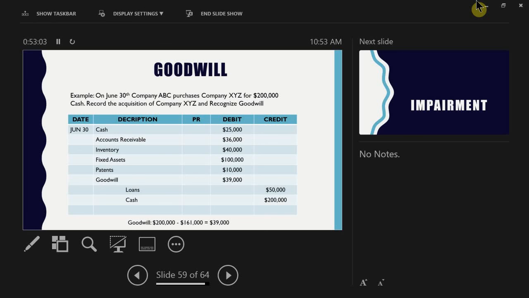So again, I'm buying the company name, and I'm buying this patent right here, because patents are very unique to companies. This is their idea and we're buying it out. That's why we gain a value of $39,000, and that is how goodwill is generated. Any questions?